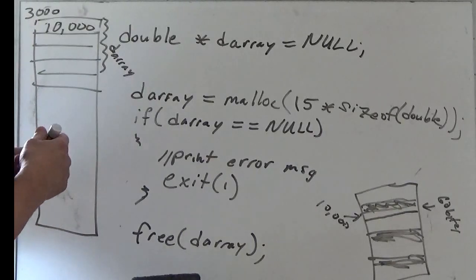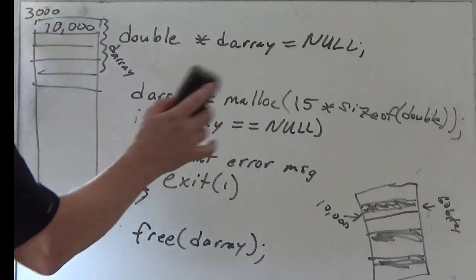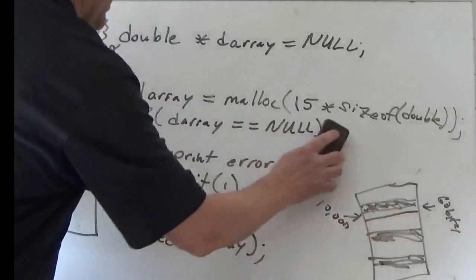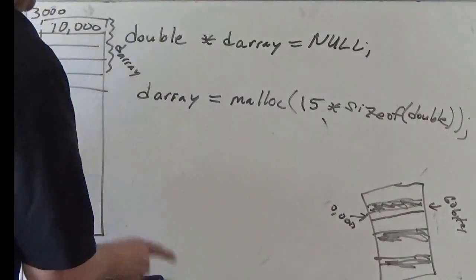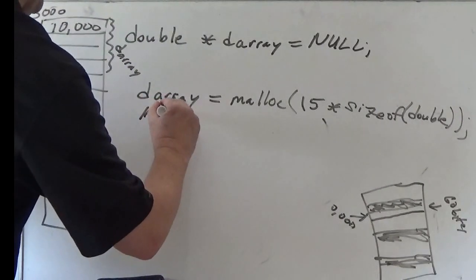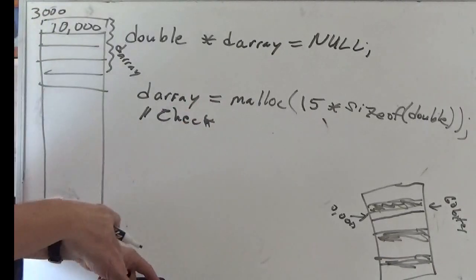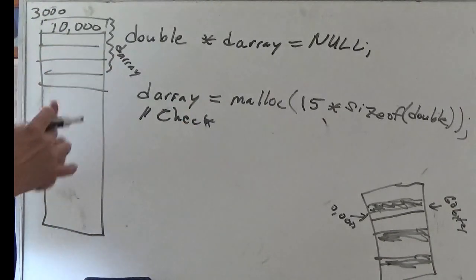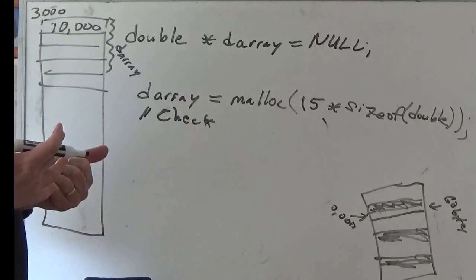So let's go on now, and assume that we did our malloc and we got our memory. How do we use this once we've got that? Just assume that we have our memory check, and our free will come down later in the program. But now that we have this array, we can use it just like we can any other array.